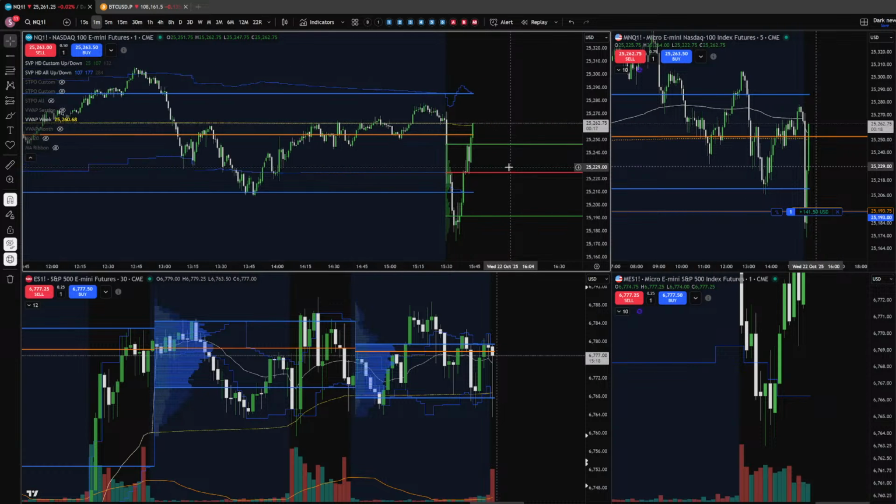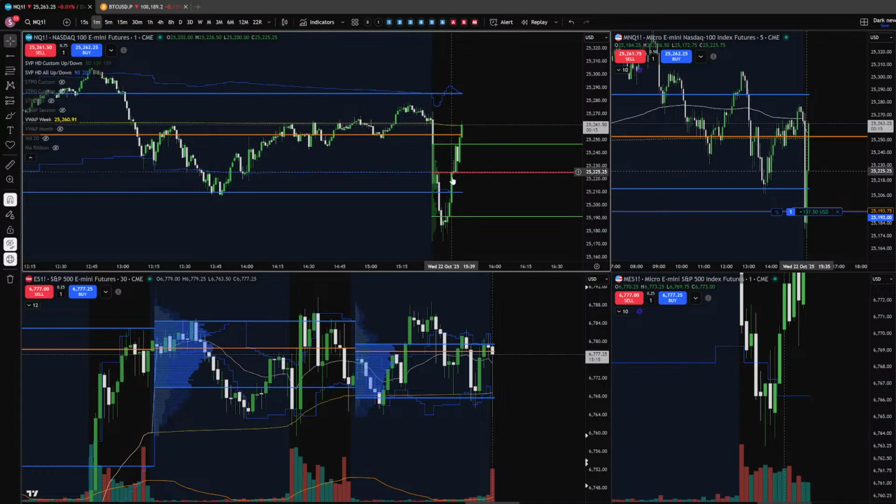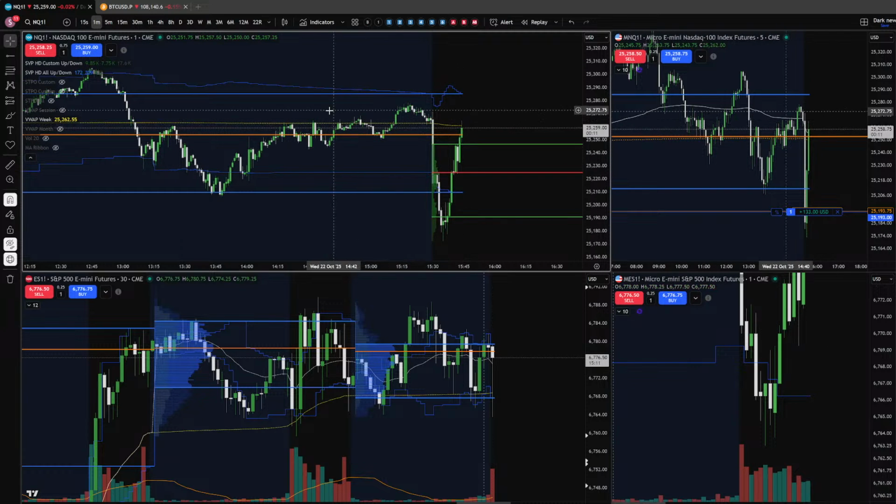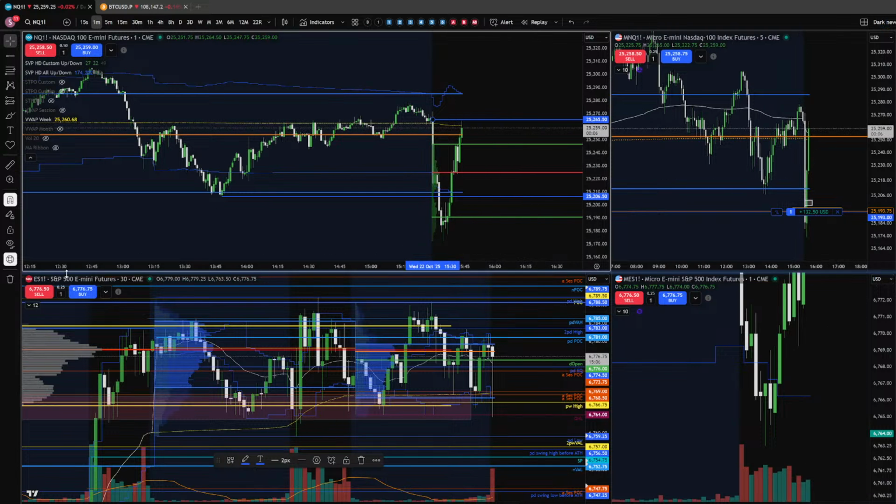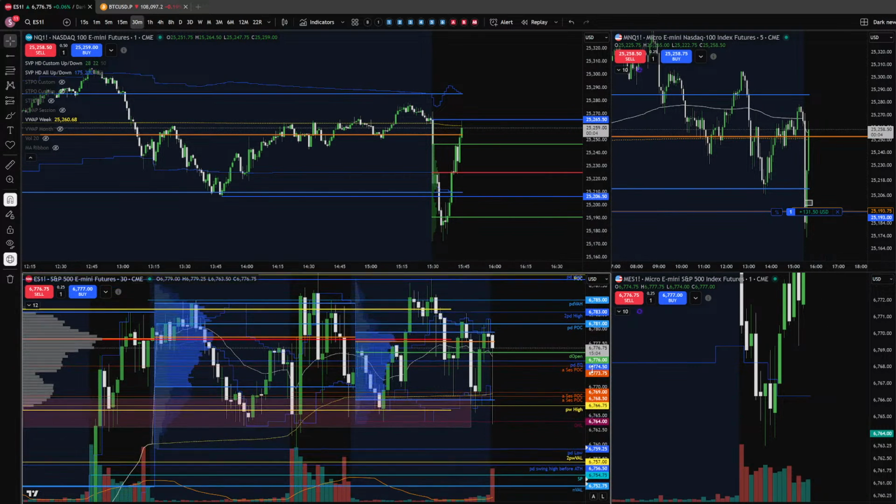Right, we're leaving the value area below us, even of New York. That's also good to see. Let's see the opening of New York. What's gonna bring us?